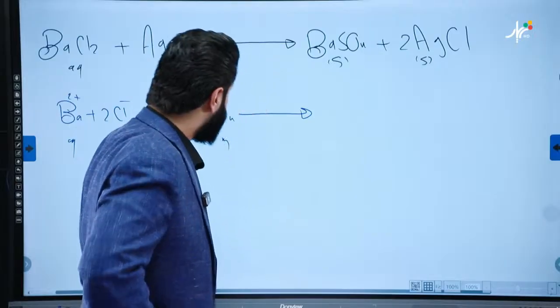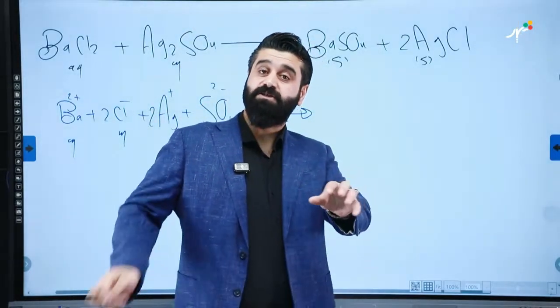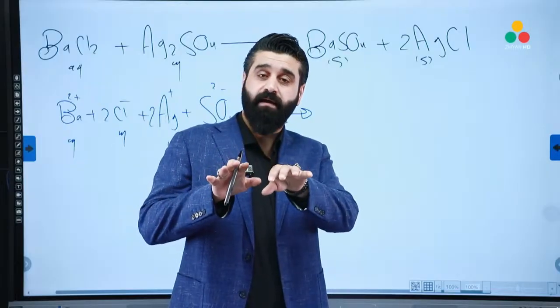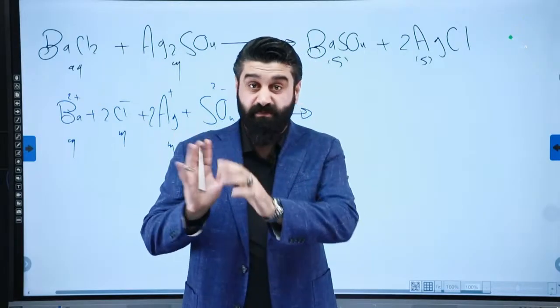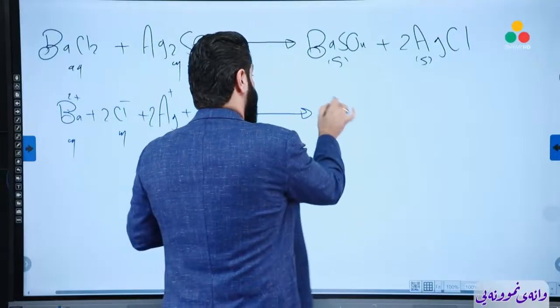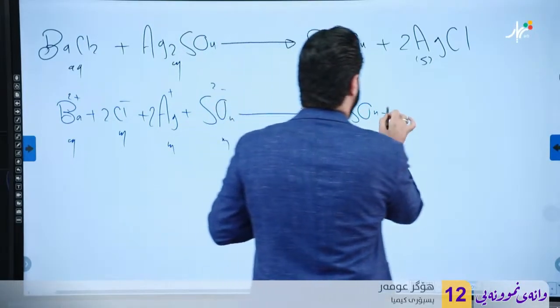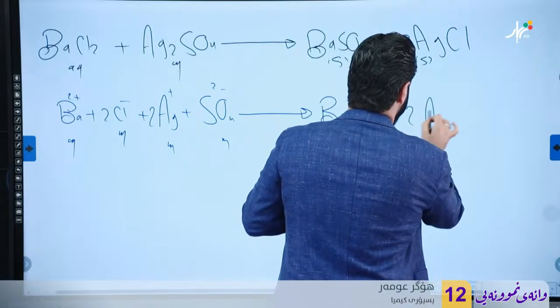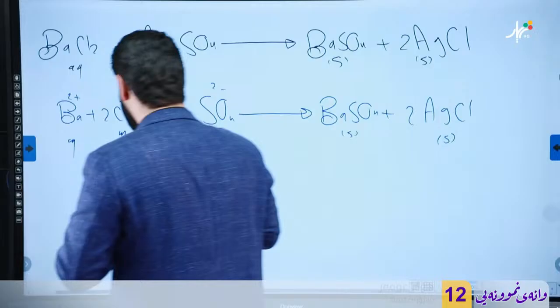Should I split them also? No, because there's a strong attraction between the ions, so we keep them as they are. BaSO4 as it is, and 2AgCl as it is. Good?